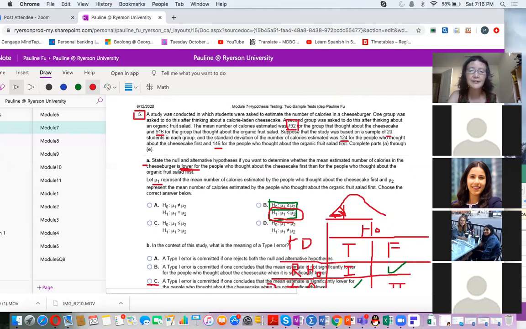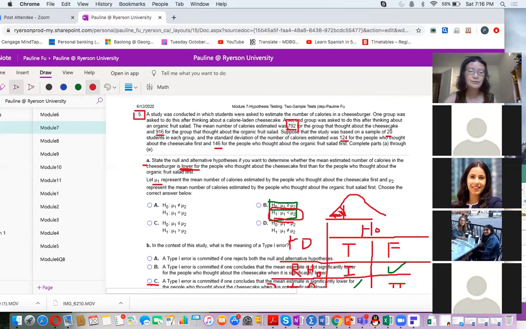Sx1, standard deviation of sample 1, see? Standard deviation of sample 1, 124. And N1, sample 1 size, 20. 20 is sample 1 size.